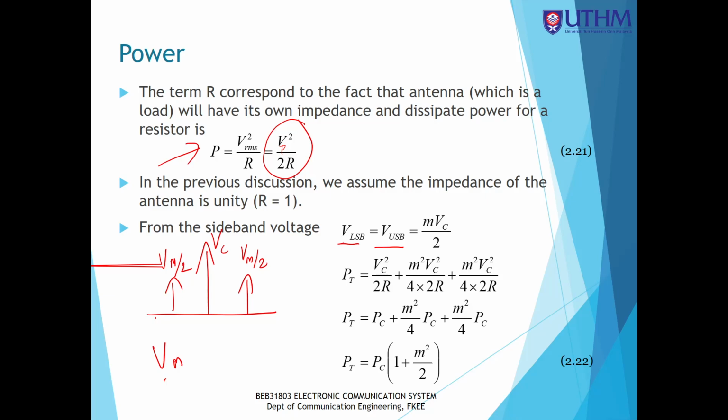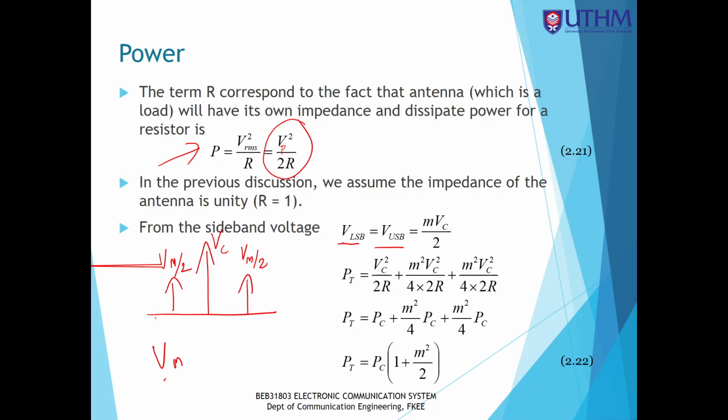So actually the total power P total is equal to PC plus PUSB plus PLSB. This is the fundamental equation for the power that you must know, because we have 3 components.